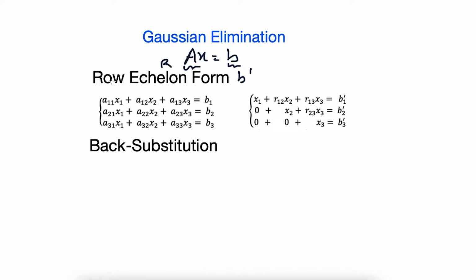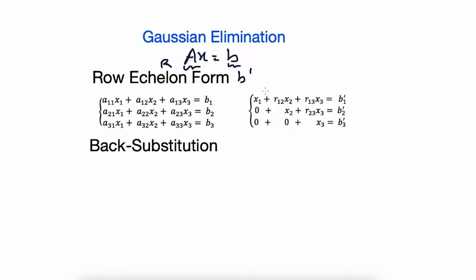So we first need to get this matrix and then do the back substitution step on it. The row echelon form of a matrix A is a matrix that looks, for example, like this.